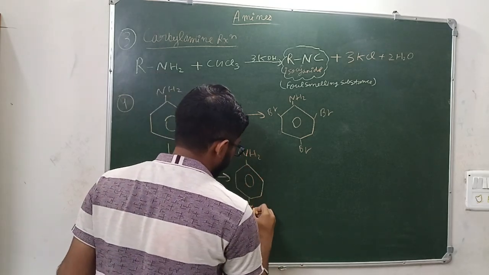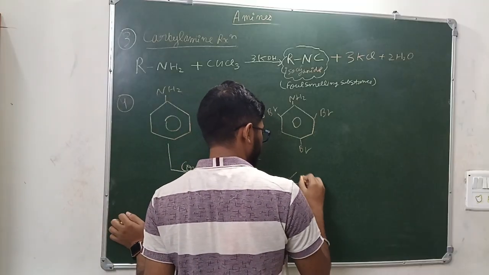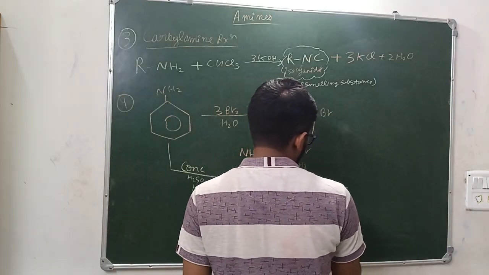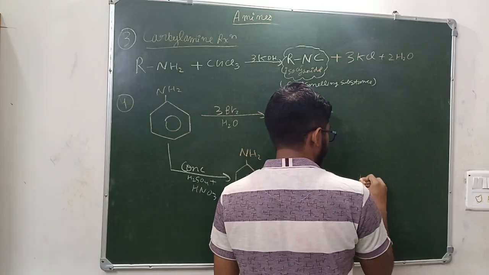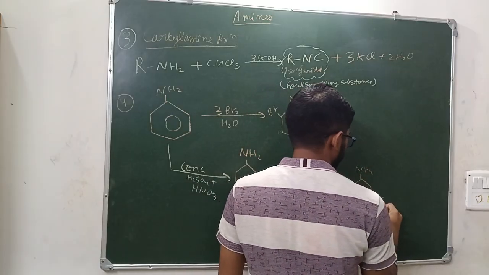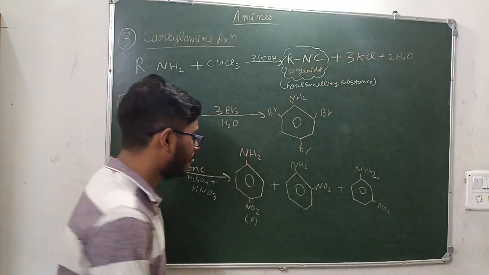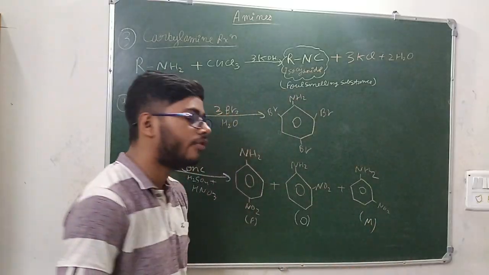The NO2 group is attached first at para, then ortho, then the last yield is meta.